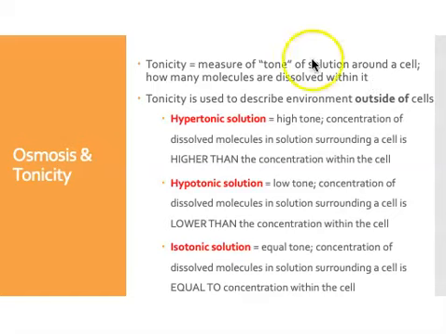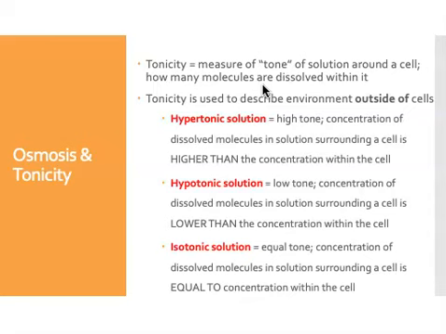If there are a lot of molecules in the solution around a cell, we call that high tone or high tonicity. If there are very few molecules in the solution around a cell, we call that low tone or low tonicity.